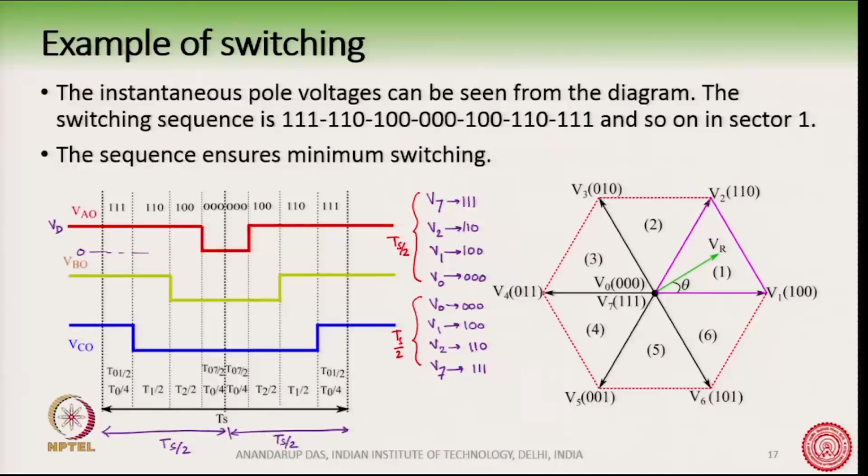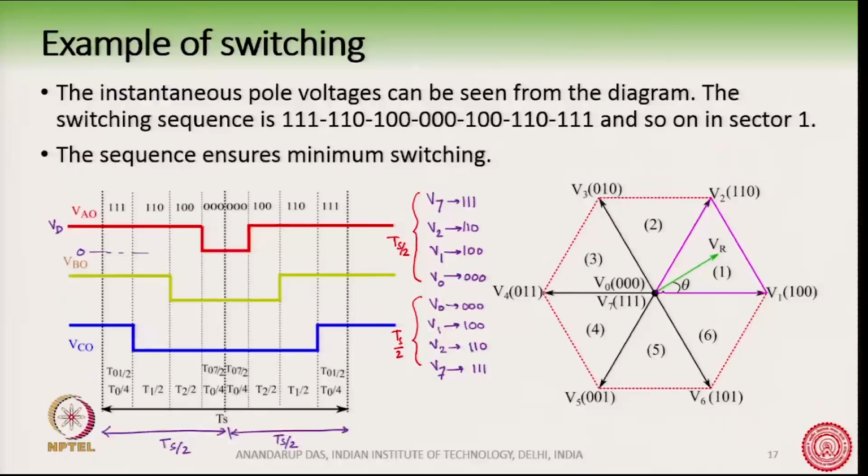So, in the first Ts by 2 period we will switch from V7, V2, V1 and V0, okay. And in the next switching interval Ts by 2 we are switching V0, V1, V2, V7.